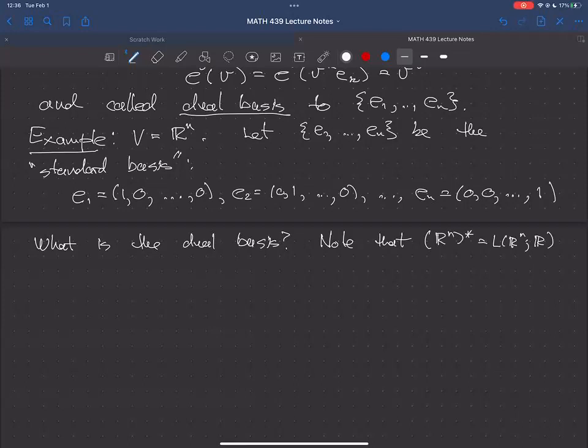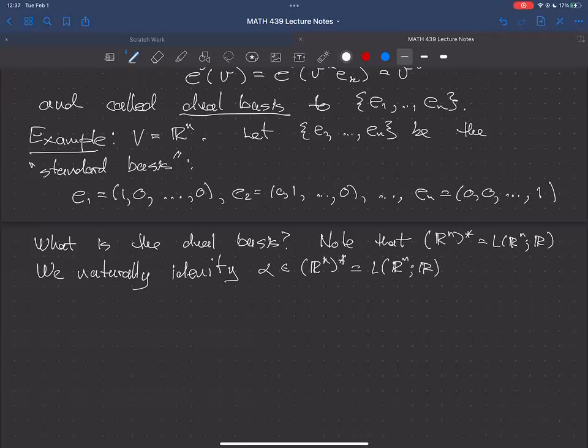The dual space is simply the set of linear mappings from R^n into R. So we naturally identify, let's say, alpha in R^n star, again the set of linear maps from R^n into R.